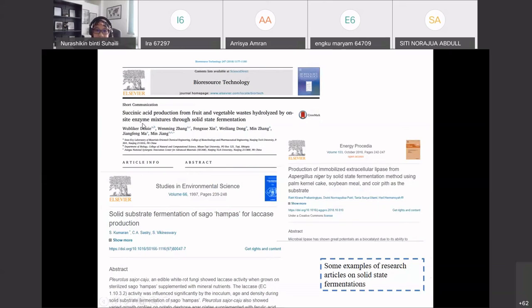Okay, so here are some examples of research articles on solid state fermentation. Okay, how many of you are doing solid state fermentation for your FYP? Is there any? Okay, Debbie.